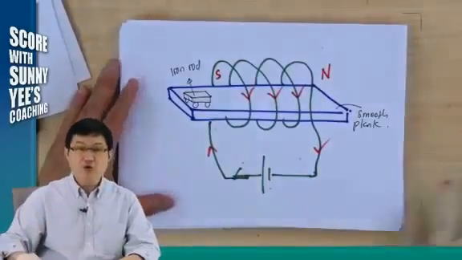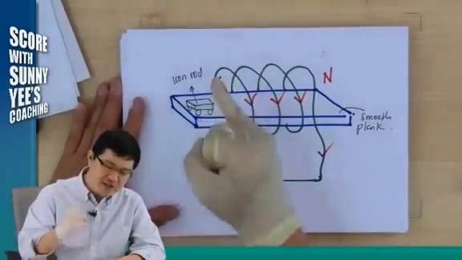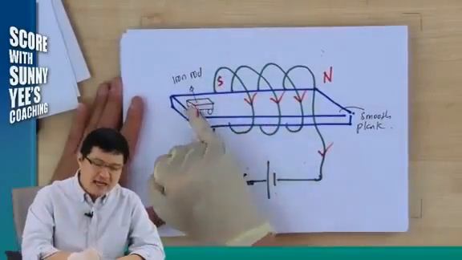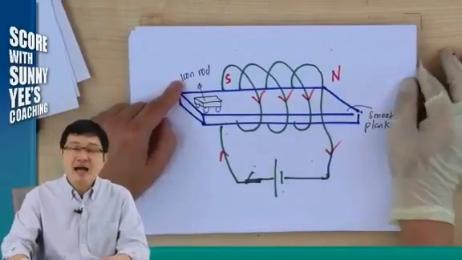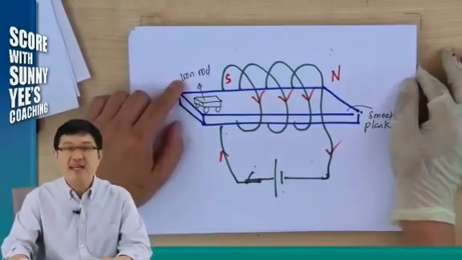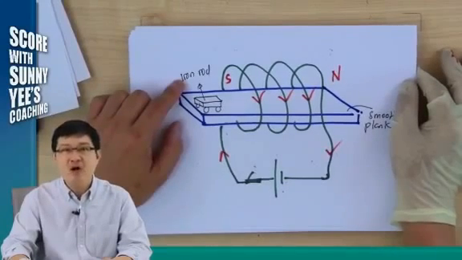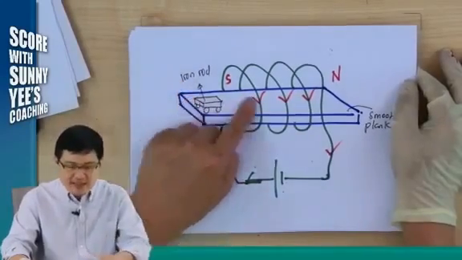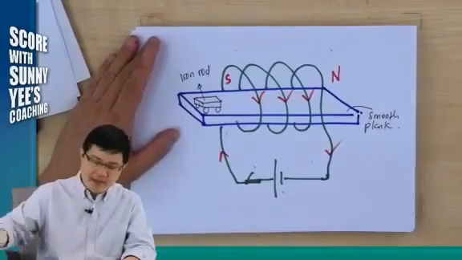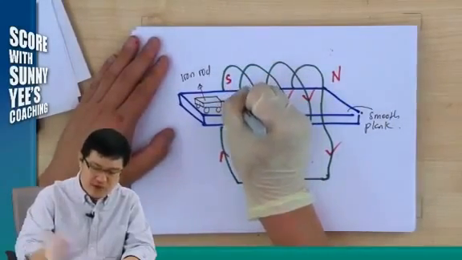But regardless whether this is south or this is north, because iron is a magnetic object, meaning it can be attracted to any permanent or temporary magnet. So when this is attracted, it will result in the trolley moving to the right.